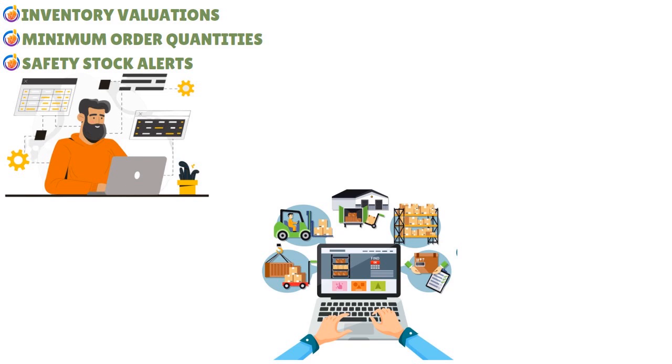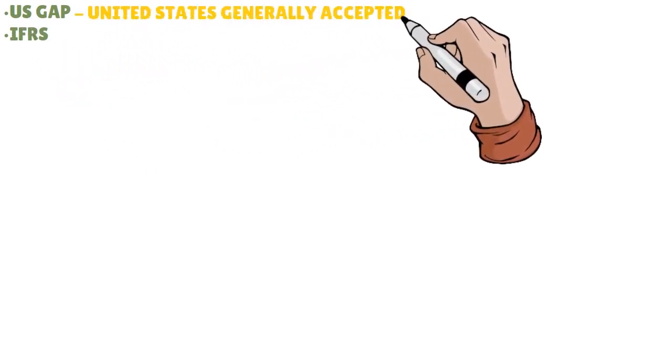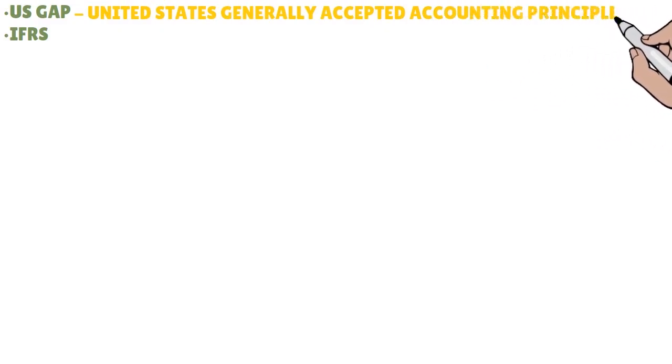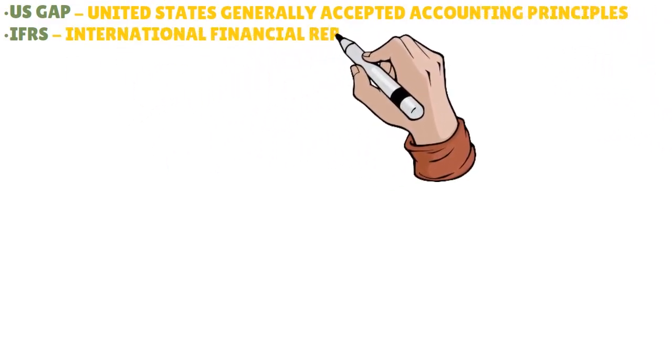Since inventory is often your largest asset, it's important to consistently measure its value. As a matter of fact, you have to do this to comply with US GAAP and IFRS. US GAAP stands for United States Generally Accepted Accounting Principles, and IFRS stands for International Financial Reporting Standards.